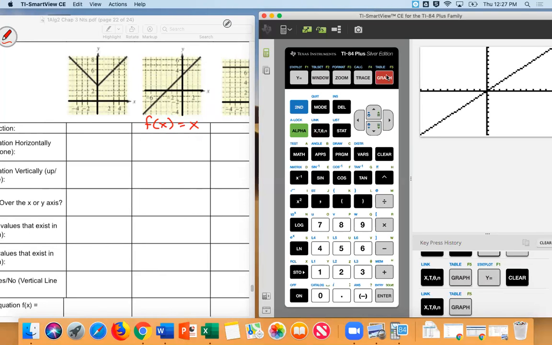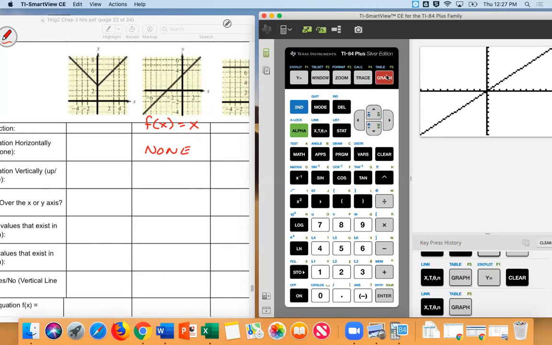Okay, did I shift it horizontally? I mean, that's a tough one, right? Like you could make the argument I shifted it this way, right? Or I shifted it up. Let's just stick with one of them. Which one did we want to do? Go up. Thanks, Jake. So there is no horizontal shift.